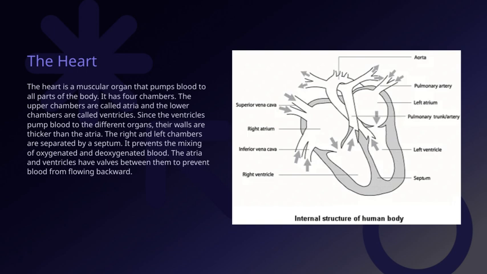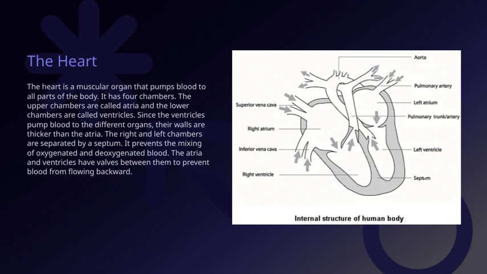This septum is crucial because it prevents the mixing of oxygen-rich blood from the lungs with oxygen-poor blood coming from the rest of the body. This separation ensures that our organs receive the right type of blood they need to function properly. Additionally, between the atria and ventricles, there are valves.